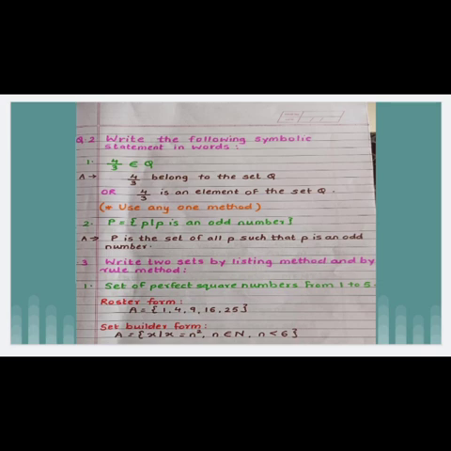Then small n belongs to capital N, means these elements belong to natural numbers, and n is less than 6. Understand how to write the rule method? If you do proper practice, you will come to know.